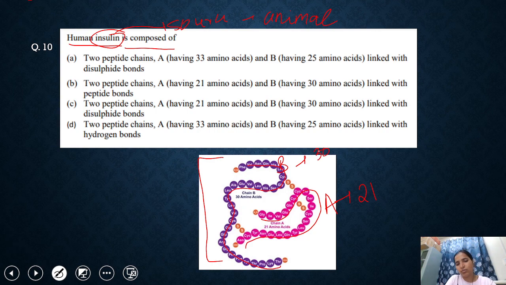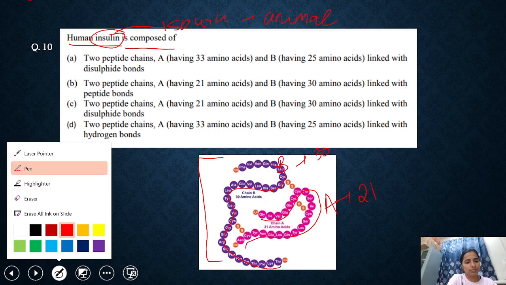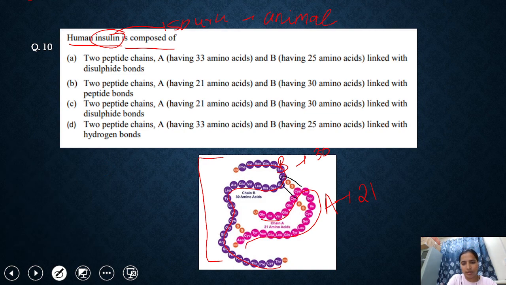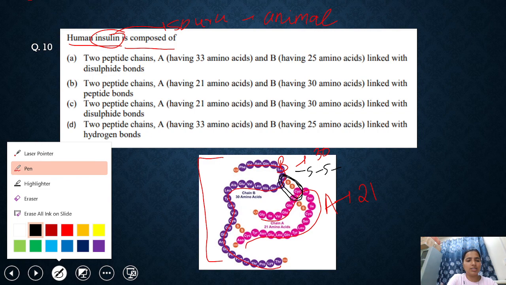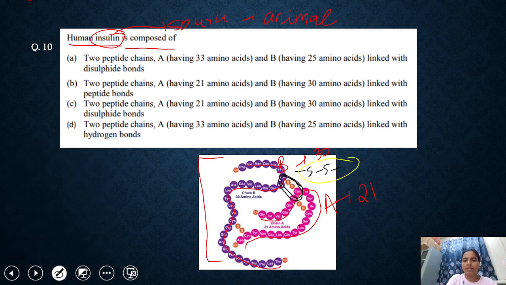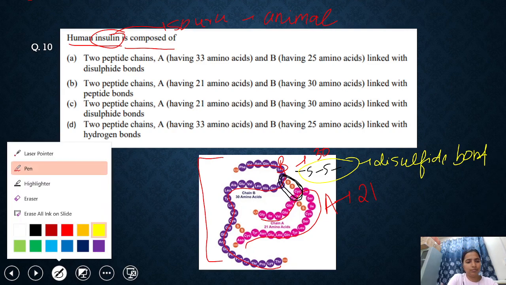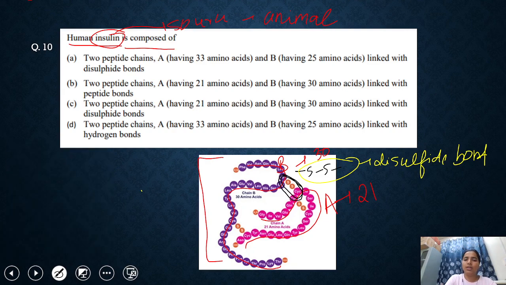And in this you can see the SS bond, which means this is the disulfide bond. So this is the structure of insulin.